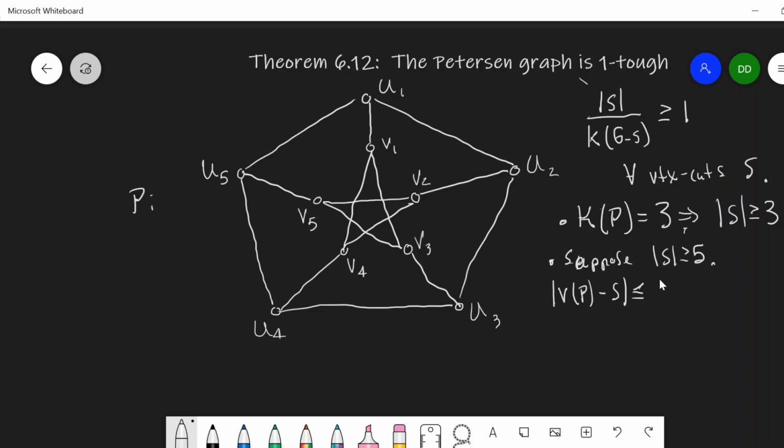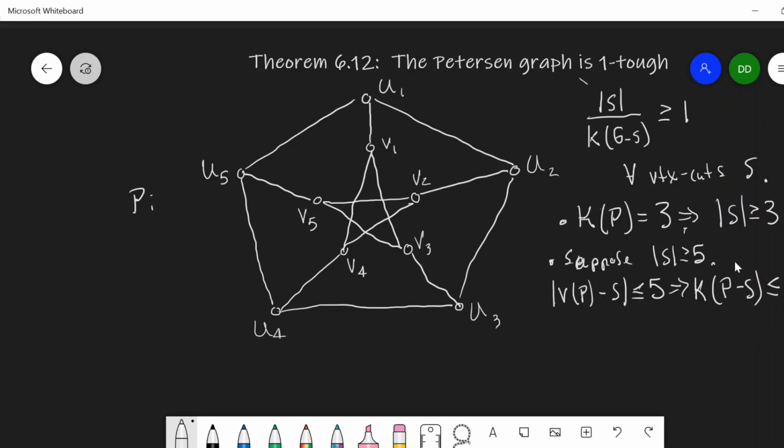And certainly the number of vertices left over is an upper bound on the number of components, right? There's at least 1 vertex in each component. Likely less, but that's the worst case scenario. Each one of those vertices gives a component. And so this implies that the number of components in the Petersen graph minus S is at most 5.